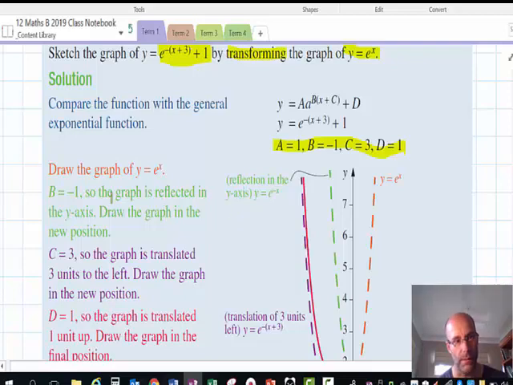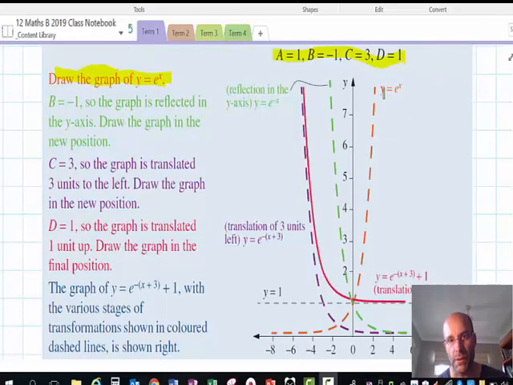So basically a equals 1, so the vertical stretch isn't really apparent at all. It'll look like e to the negative x. So you can start by drawing e to the x if you want to do it in stages, and I guess this is just an alternative method, and then draw in e to the negative x because we've got b equals -1.